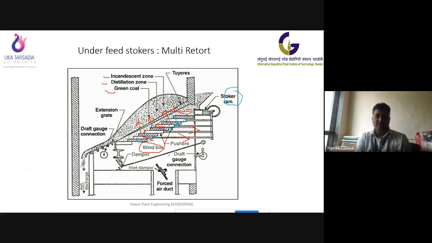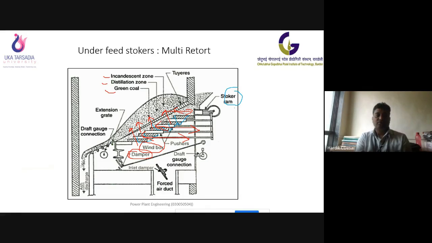We will have the high velocity air from the forced draft fan, and this air will be supplied to this stoker, this furnace. Now to control the movement of this air, we have the damper. Observe this. This is the damper to control the velocity, or the mass flow rate of the air. So this is all your air duct.